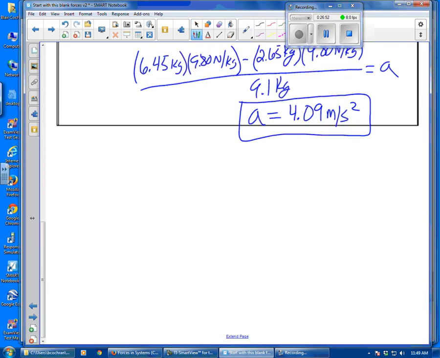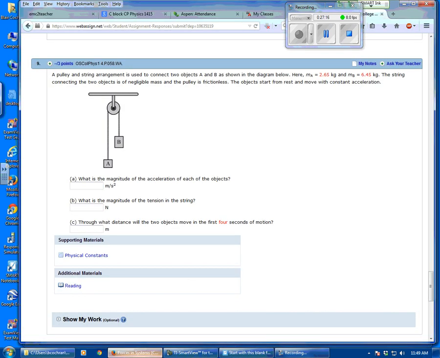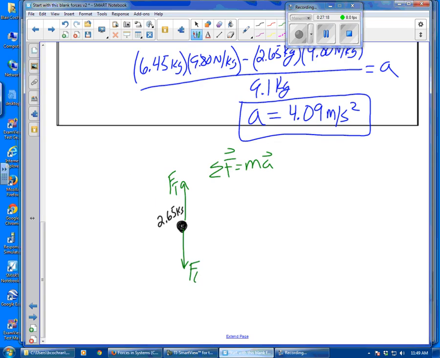So, start with my diagram as always. 2.65 kilograms. FT, this is my block B, I believe. Maybe I'm wrong. Let's see. Yeah, this is my block A, you're right.